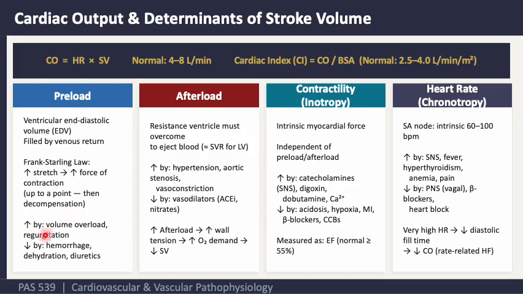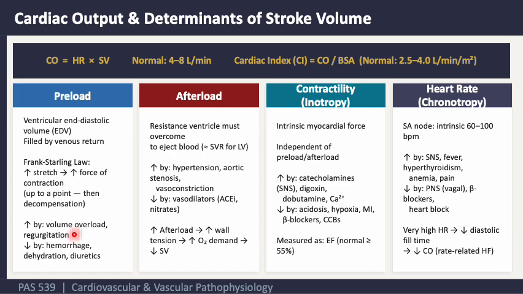So preload is increased by, and I just stated it, the volume overload. It can also be increased by regurgitation, meaning from the right atrium to the right ventricle, if blood has that retrograde flow, that is regurgitation.